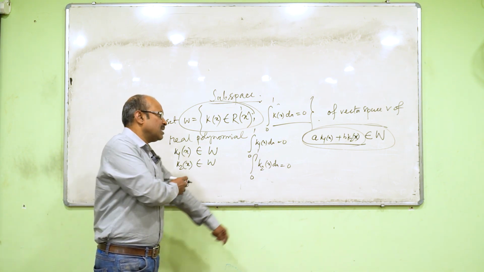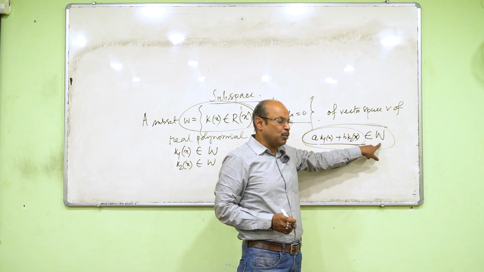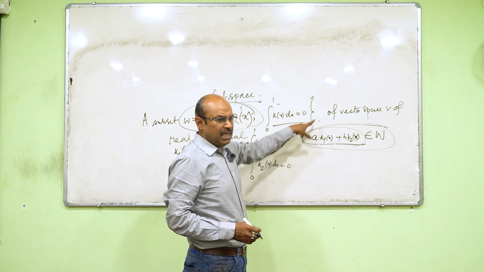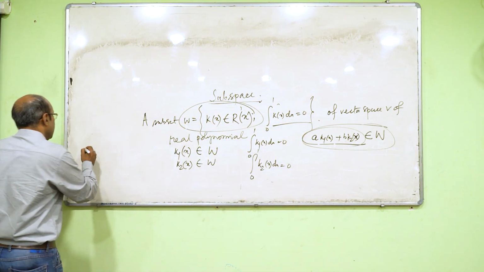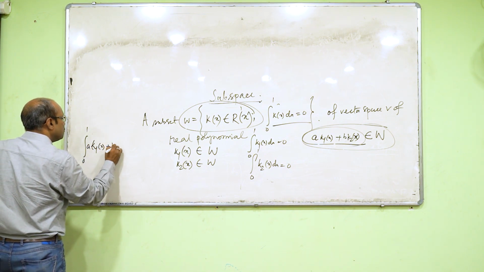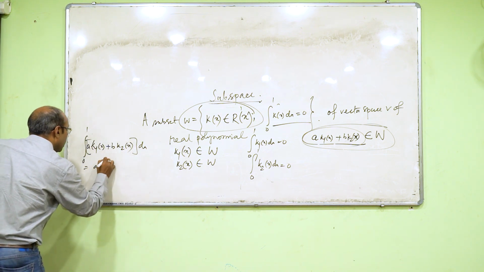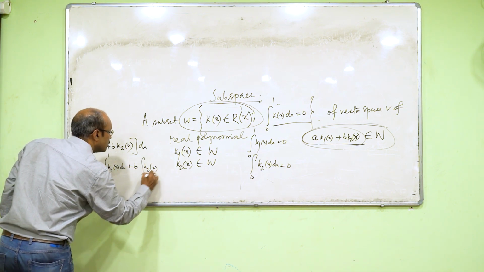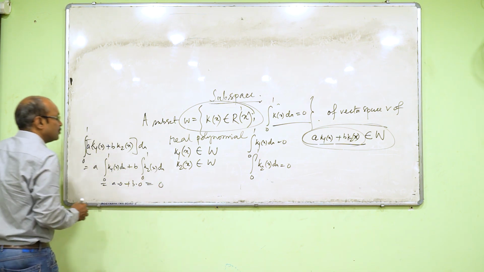Now, if this linear combination also belongs to capital W, it is possible only if this element satisfies this relation. Let us see: the integral from 0 to 1 of A K1x plus B K2x dx equals A times the integral from 0 to 1 of K1x dx plus B times the integral from 0 to 1 of K2x dx, so A into 0 plus B into 0, so 0.